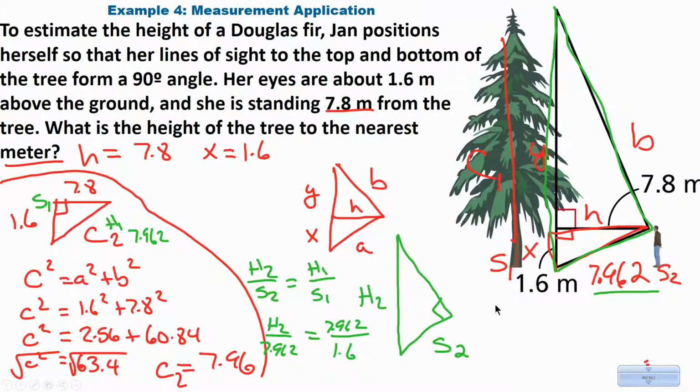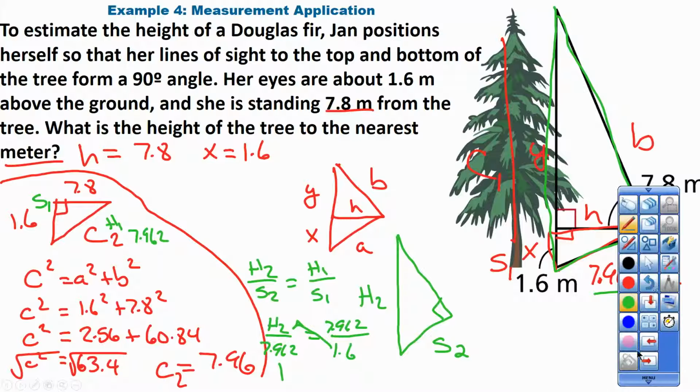So c squared, we already know what this is going to be. It's going to be 63.4. So we multiply this. Actually, we don't need to do that. So we say H2 is equal to 63.4 divided by 1.6.